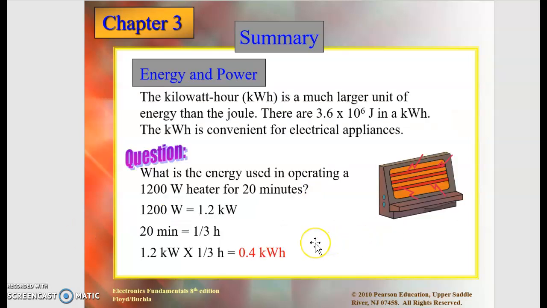Right here, energy and power. Another measurement that we are going to be getting familiar with is the kilowatt hour. Kilowatt hour is a measurement of energy other than the joule, standardized in a lot of electrodomestics and different applications of power, where the ratings are going to be in kilowatt hour.